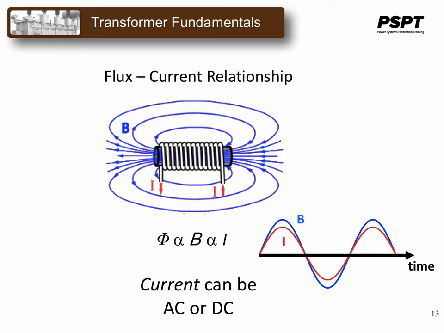When flux and flux density are at a maximum, the related current is at a maximum. And when the flux and flux density are at a minimum, the related current is at a minimum. So if we're talking about AC quantities, the flux field is in phase with the current. Or you might say the reverse of that, the current is in phase with the flux field. As it changes, so does the current.